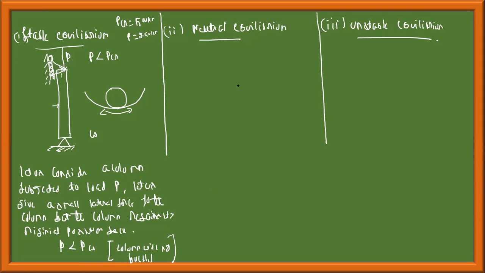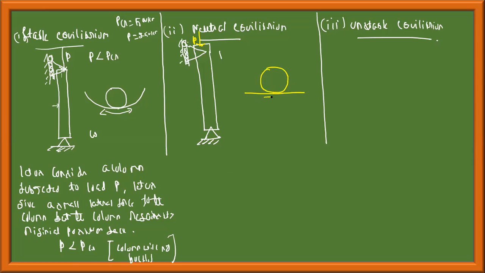Now let us consider the second condition, neutral equilibrium. I will apply a load P. Neutral equilibrium is like having a roller on a flat road.